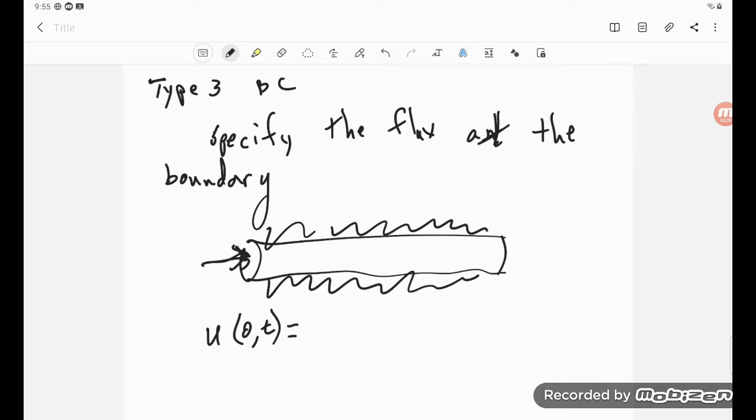So this would be some F1 of t. And then at this end, we've got the length L, so we have L and t is going to be some F2 of t.